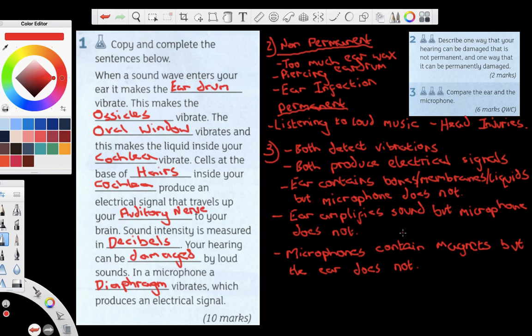And finally, the microphone can be attached. No, sorry, we've already had that, haven't we?